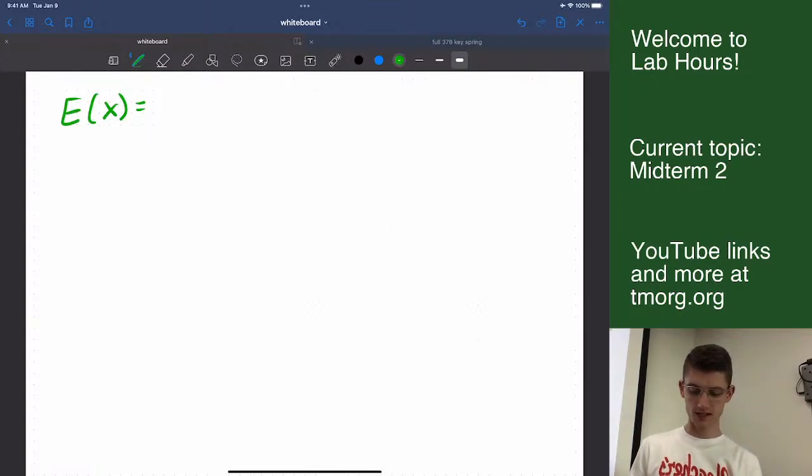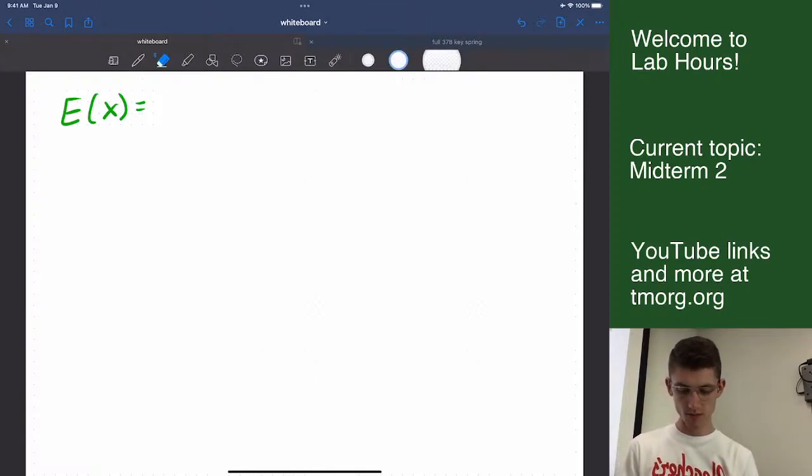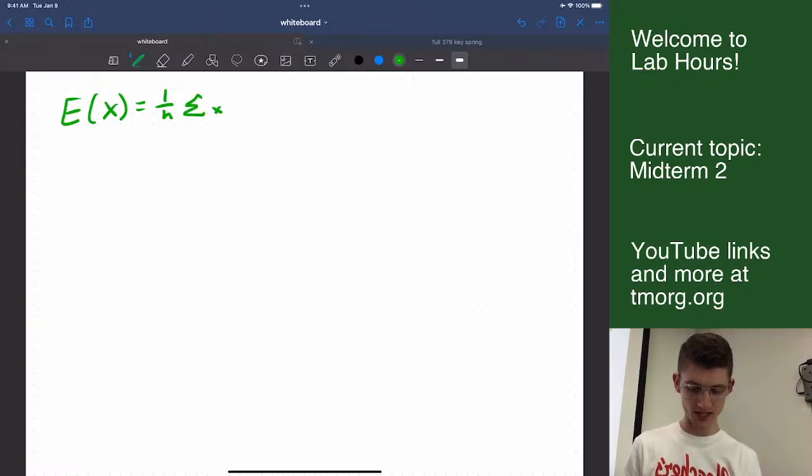Expected value of x, we all know the formula for that by now. But let me remind you in terms of density function, we have already talked about expected value of x as 1 over n, the sum of x_i.